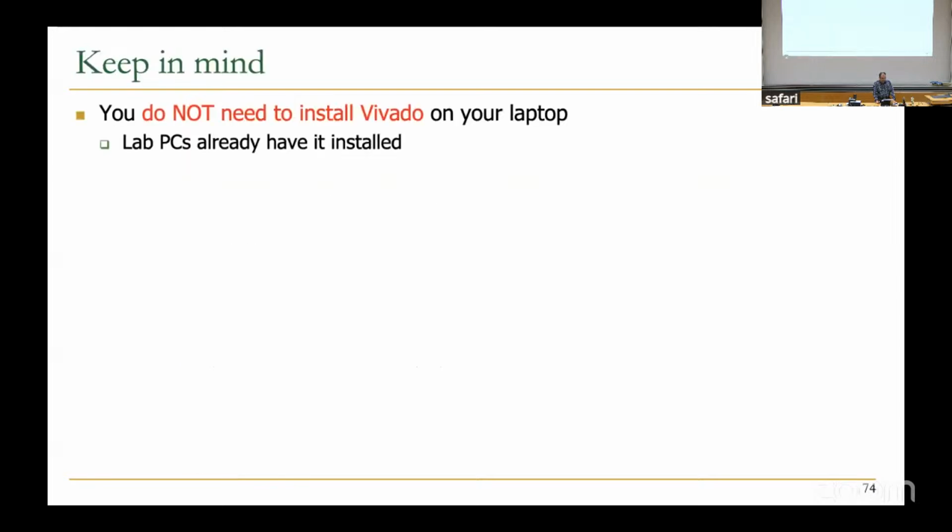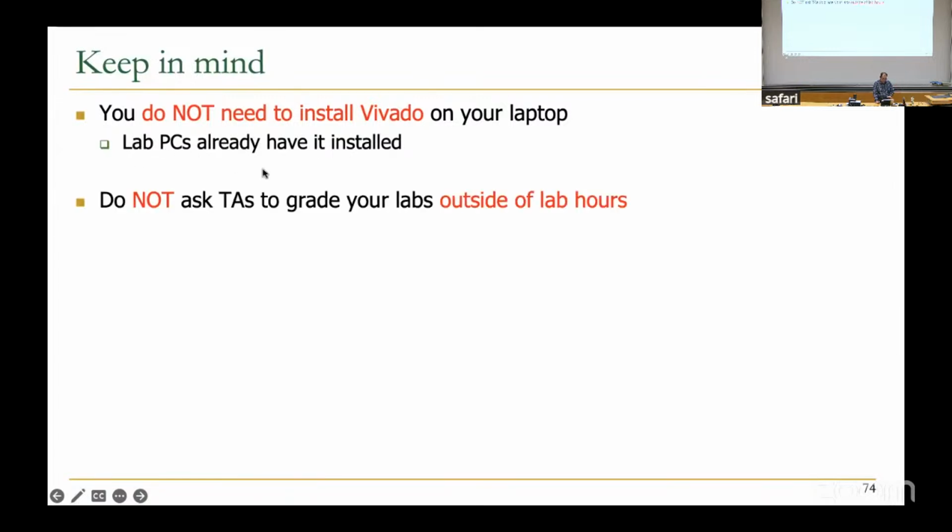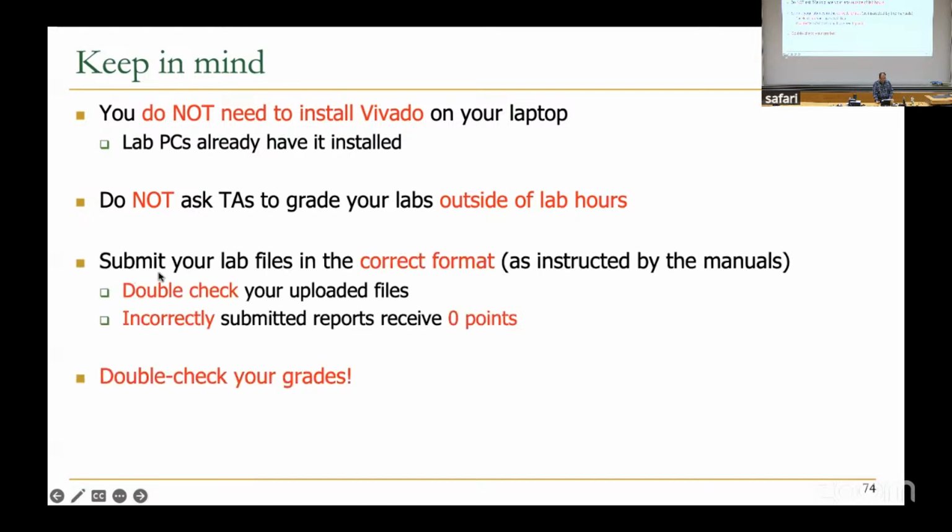Keep in mind that you do not need to install Vivado on your laptop. You can if you want, but lab PCs already have it installed. Please do not ask PAs to grade your labs outside of lab hours, and submit your lab files in the correct format, which is specified in your lab manuals.